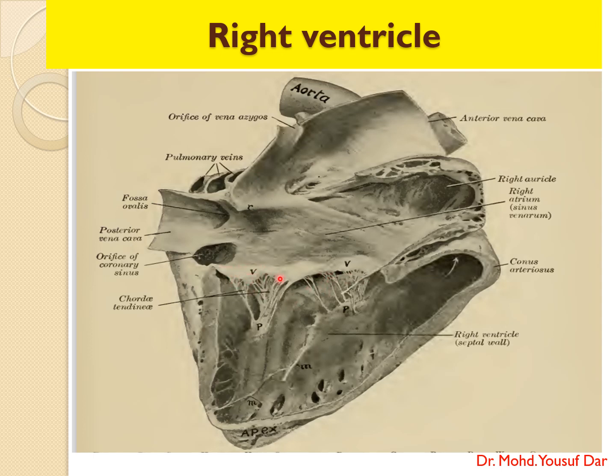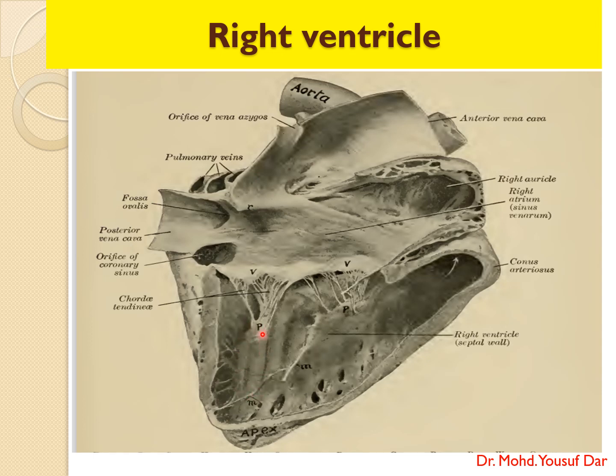There are three cusps present. This is one cusp and this is the second cusp. These cusps are attached with the fibrous cords known as chordae tendineae. These chordae tendineae extend from these cusps up to the apices of the papillary muscles.